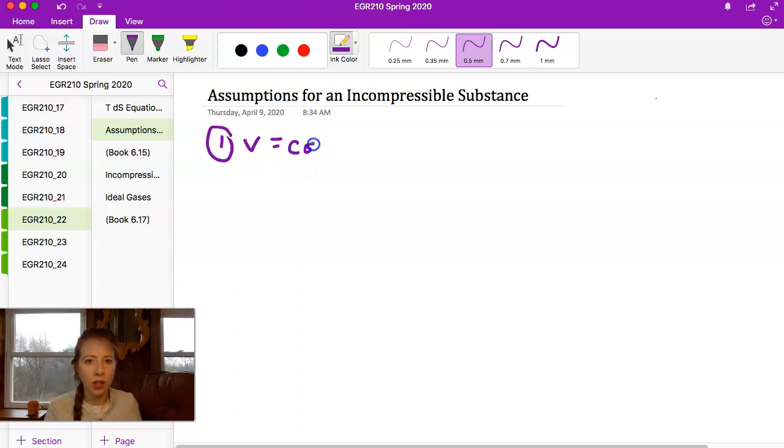So this is not going to change throughout the process. And also, in that case, specific internal energy is only going to be a function of temperature.